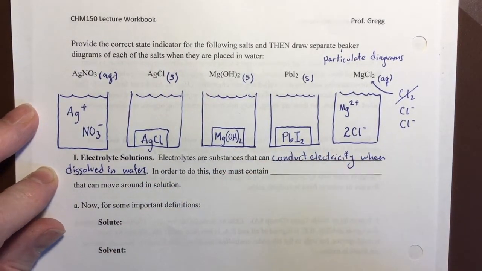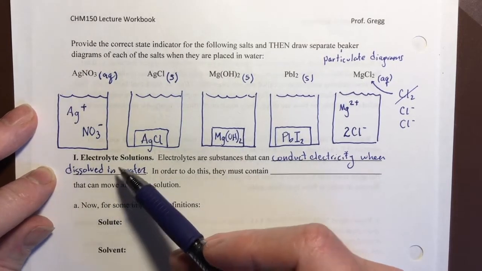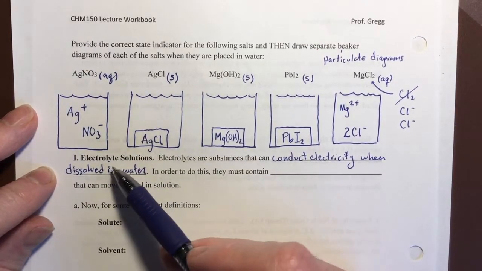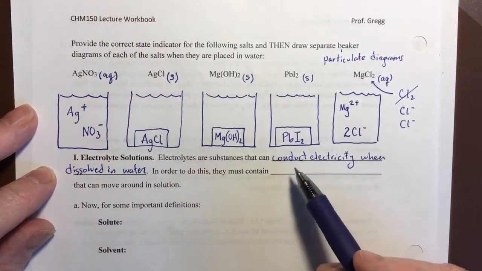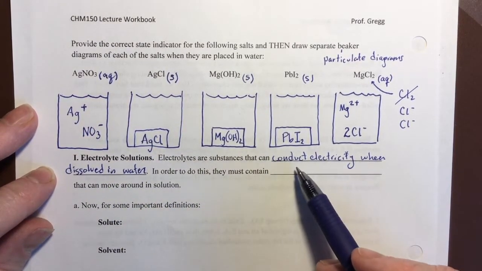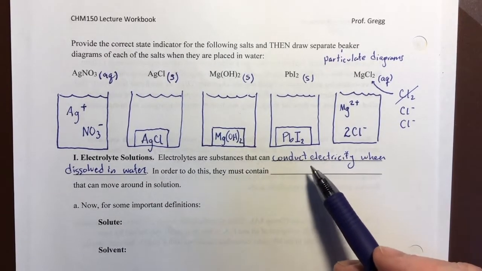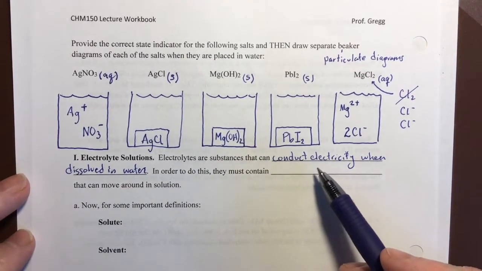Some people use the term electrolyte to mean the whole solution, but we'll be a little bit more specific and talk about the electrolytes as being the substances themselves that are in the water that are allowing that solution to conduct electricity.